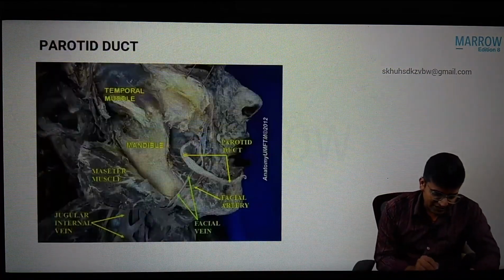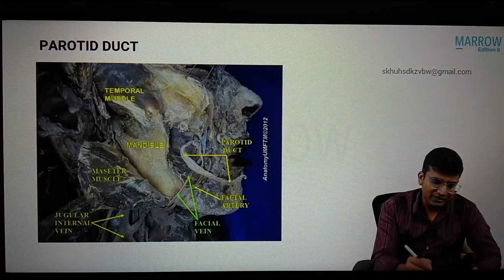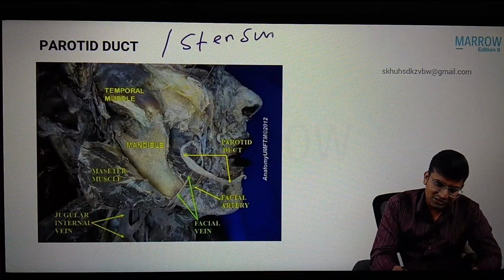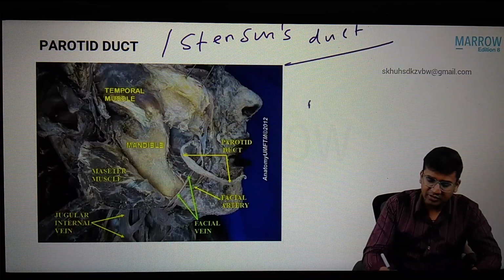And next, we're going to see the duct of parotid. I told you the parotid duct, or the Stenson's duct, emerges through the anterior border.